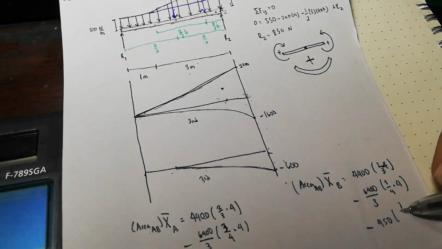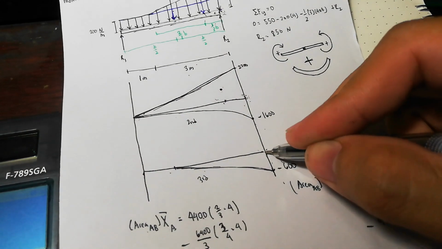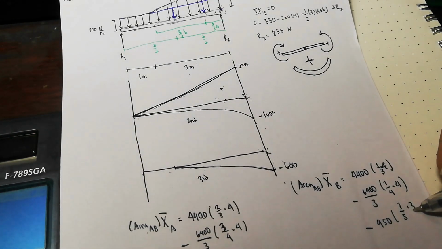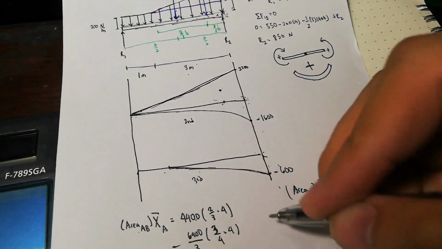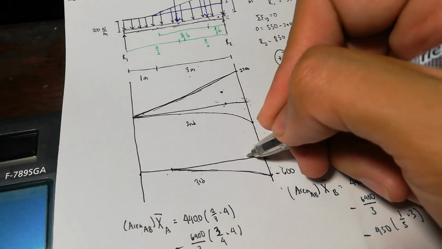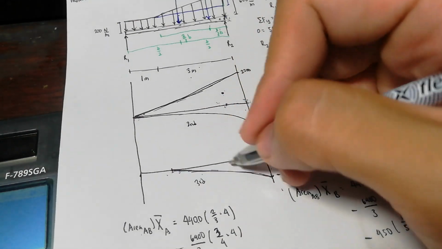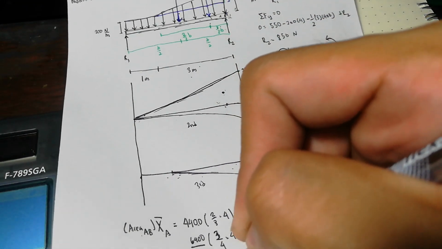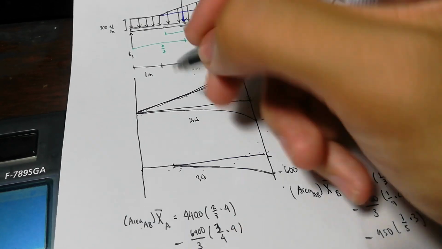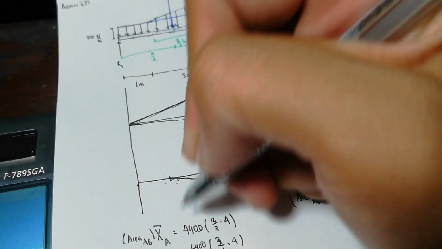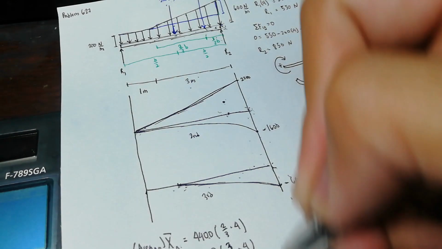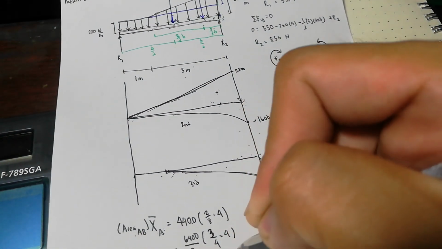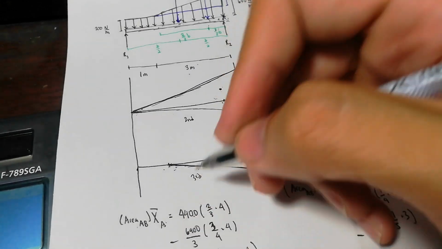So siya ay 1/5 from this point. So if ito ay 1/5, then definitely ito ay 4/5. 4/5 of 3 up to dito pa lang yan. Kasi need natin is from A. So, plus 1. Again, 4/5 ng 3 plus 1.